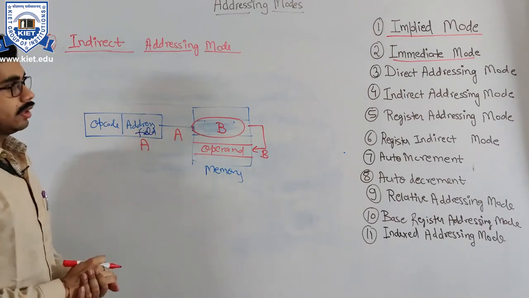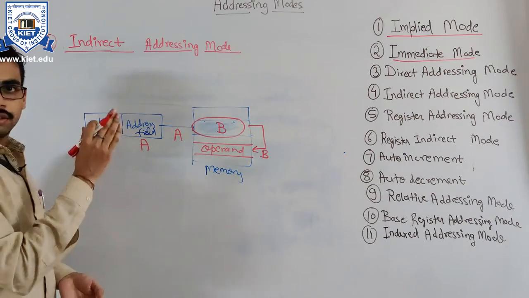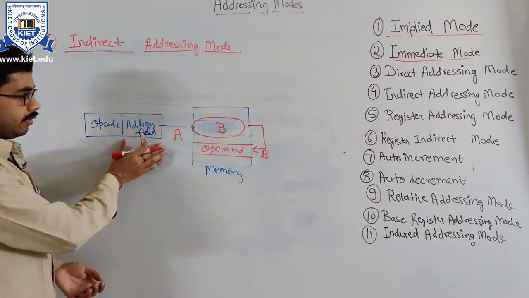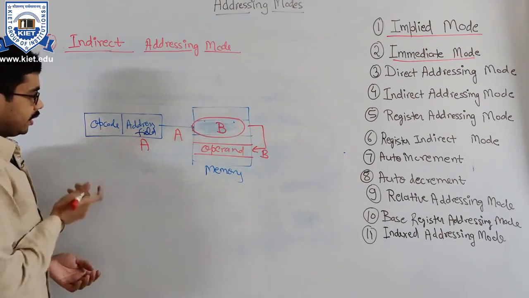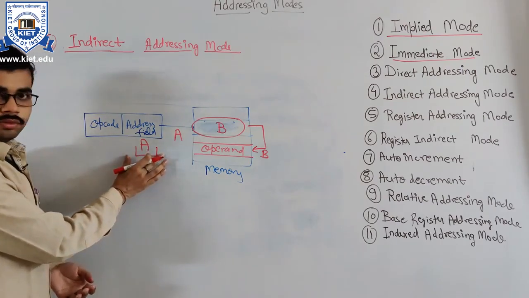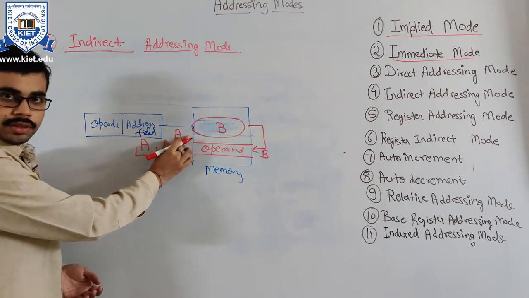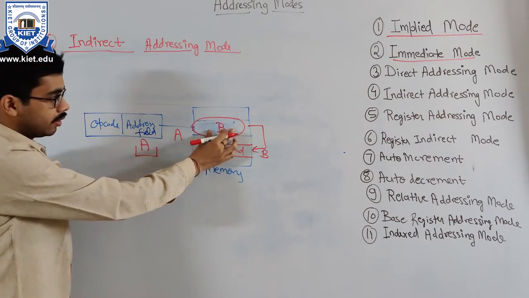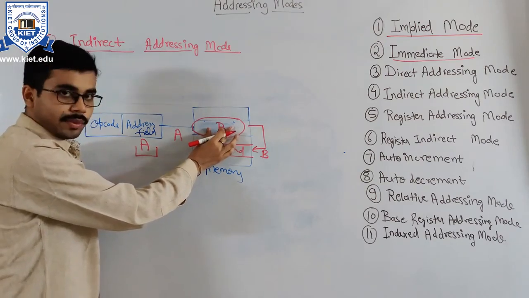In the previous case, direct addressing mode, the address field contained the location of the operand, but here, in indirect addressing mode, the address field will contain the location of the location of data. Let us suppose the address field contains A, so it will point to address A in memory. In address A there will be some data like B, so the value B will be the address of our operand.